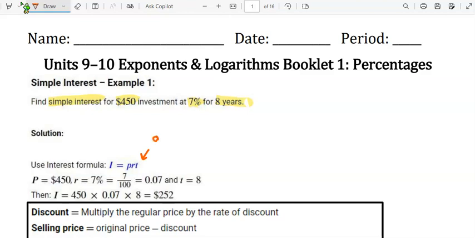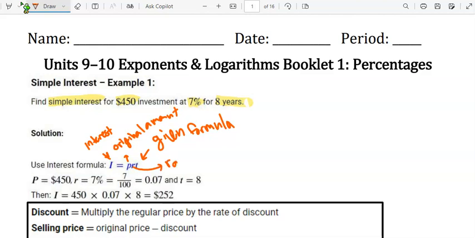So this is the given formula for simple interest, where I represents the interest, P is the original amount, R is the rate in standard form, and T is the time in years.